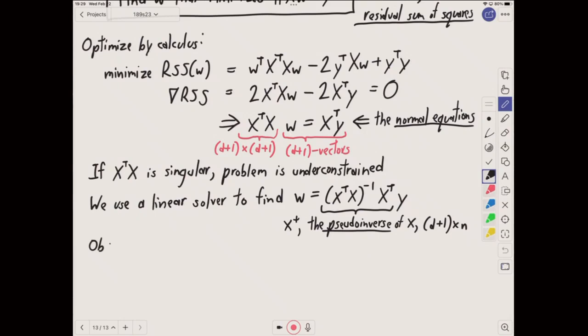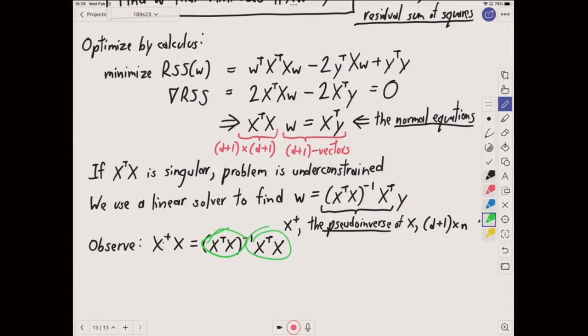It means that if I multiply the pseudo-inverse of X by X, well, let's fill in the value of the pseudo-inverse here. Well, what do you know? This here is the inverse of this.